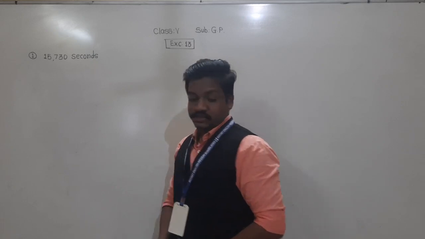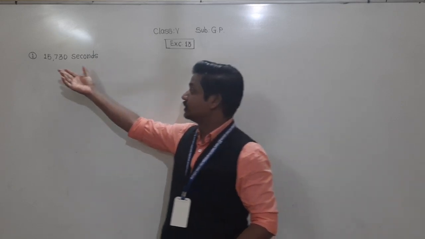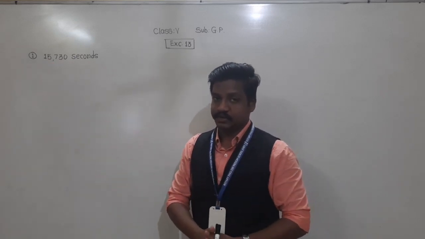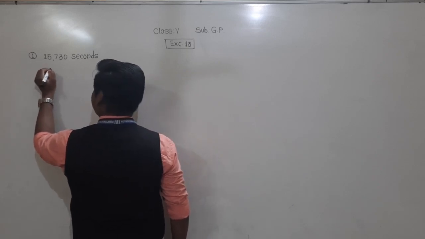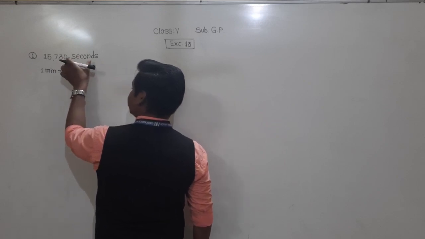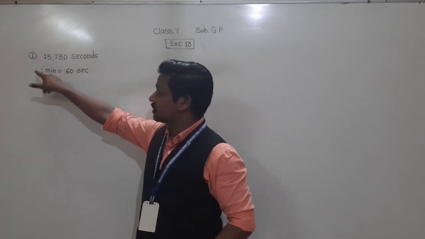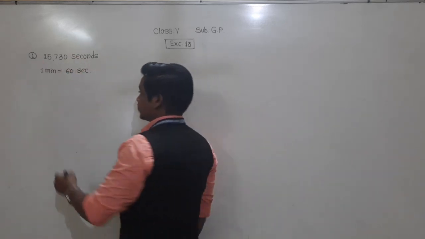See, first we will convert these seconds into minutes, that is, from these seconds how many minutes can be made, that we will find first. For that, you know, 1 minute is equal to 60 seconds, right? So to convert seconds into minutes, we will divide by 60. Smaller unit to bigger unit, converting seconds to minutes, that's why we divide by 60.